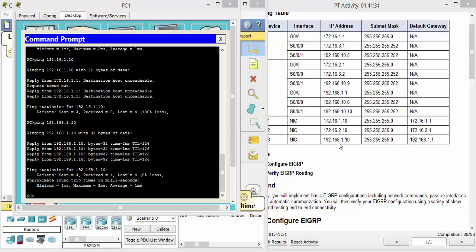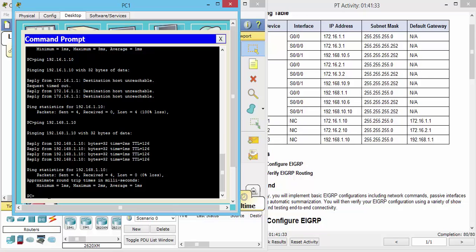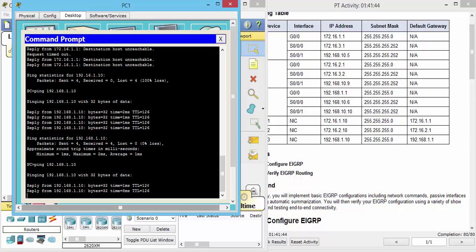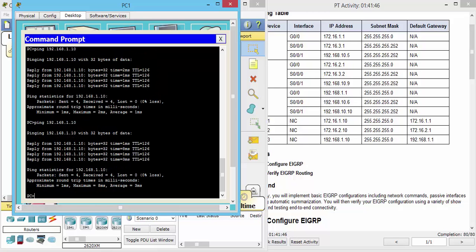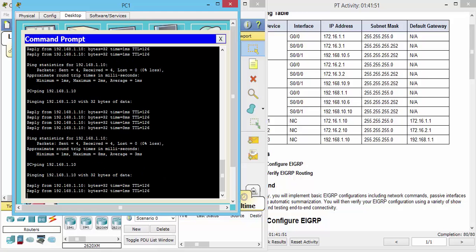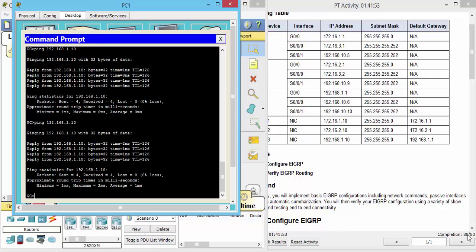The ping is successful, so the destination is reachable. Then you can see our completion rate is 80/80.